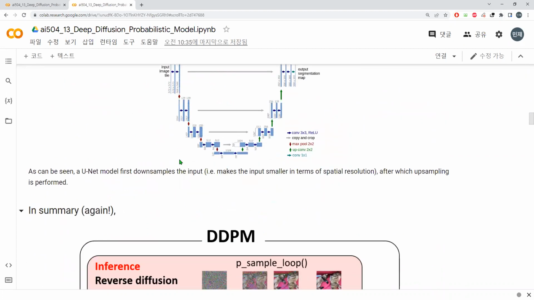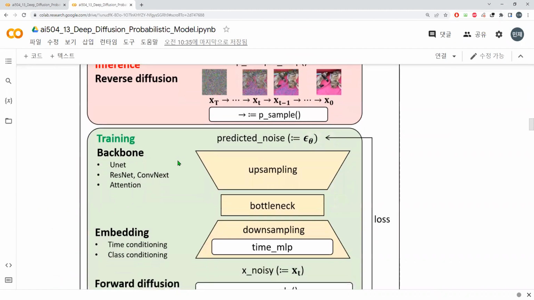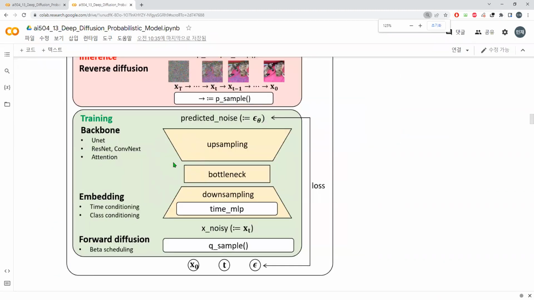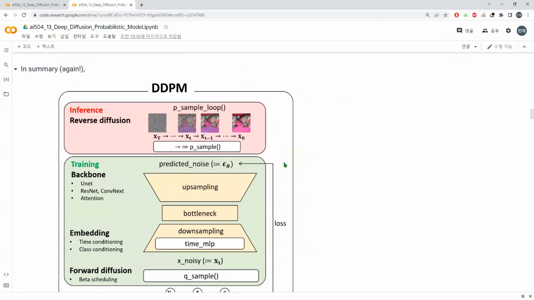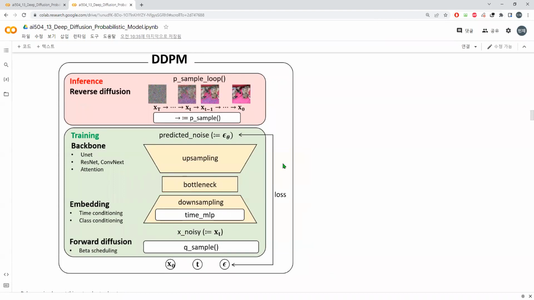Cool. So again, this is the last chance to ask questions. If you don't understand anything about this scheme or this figure, please ask me now.